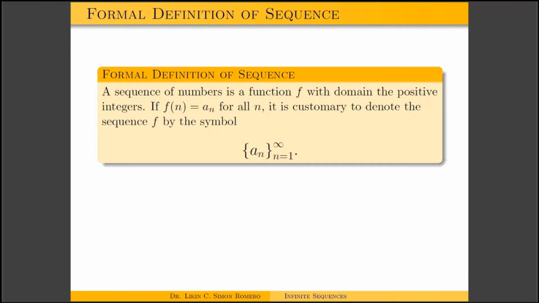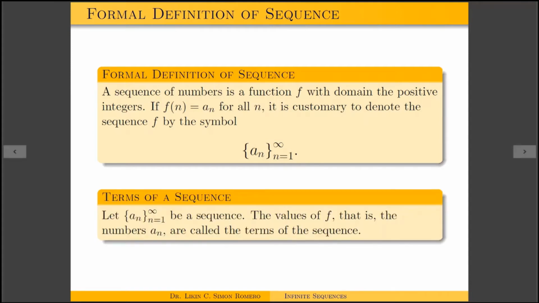So for each n from 1, 2, 3, up to really infinity, we have a different number that we can denote by a of n. Those are the individual terms of our sequence. So the first term is a1, the second term is a2, the 8th term is a of 8, and the 100th term is a of 100.